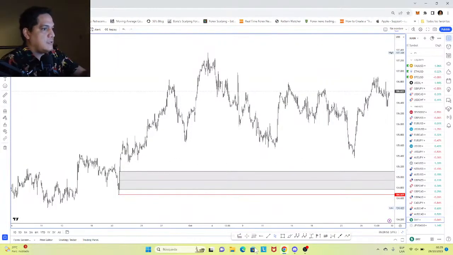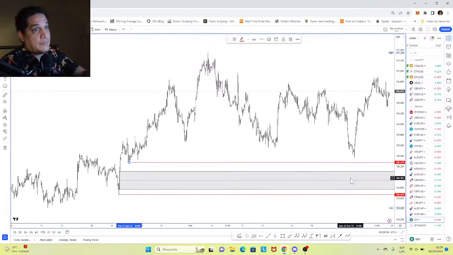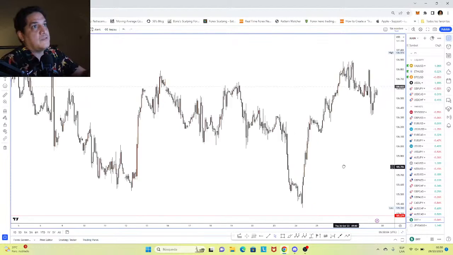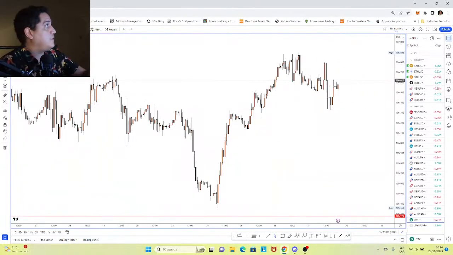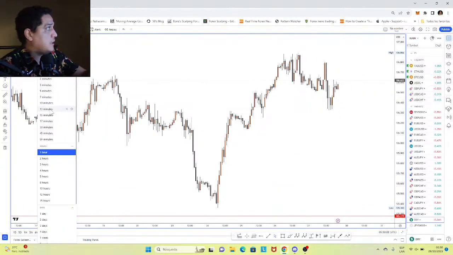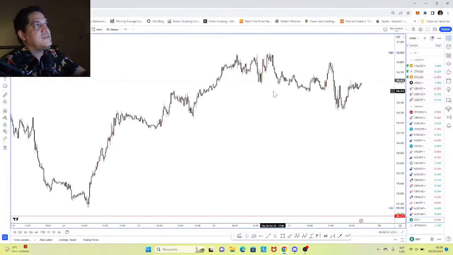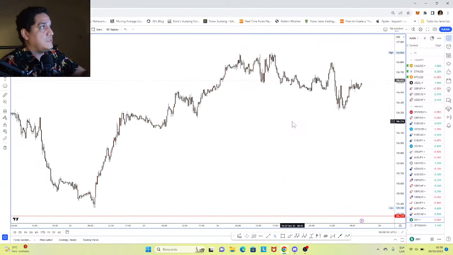I do see a failure of price coming back towards this level. And to me, this is all just liquidity, right? This is all just liquidity. So, a couple of things that I'm looking at here. For the open, I'm looking for shorts in the short term, right? In gold, in the US dollar. The reason that I'm looking for shorts in the US dollar is again a market structure shift in the lower time frames.